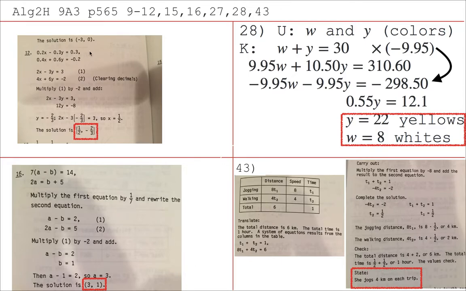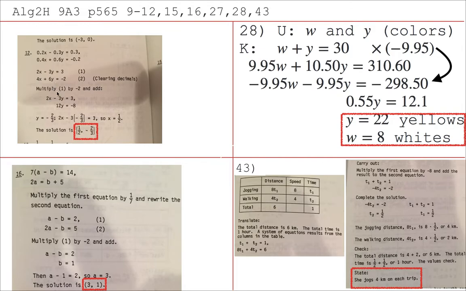Number 12, you can see here the solution. You start here with these decimals. The first thing that the textbook does is multiply both equations by 10 to clear the decimals. It's just a bit easier to do. And once you do that, you can see 2x and 4x, so it might be easy to get elimination here.